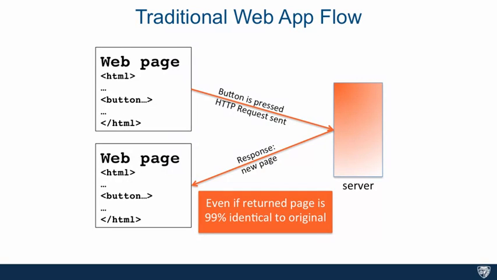And that whole new page could be basically 99% identical to the original page. And there might be only one string really that changed between the first page and the second page. But in the traditional web app flow, the entire page with all the same elements needs to be returned anyway, just to display a minor update.